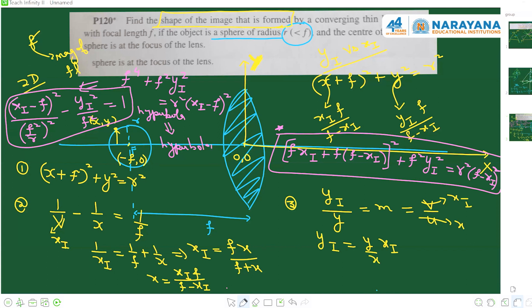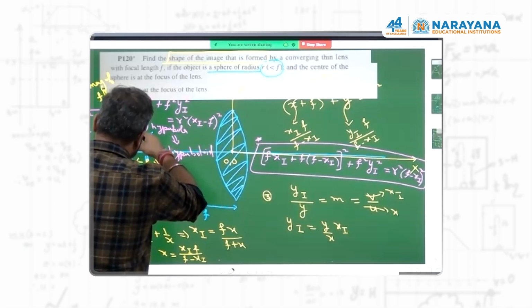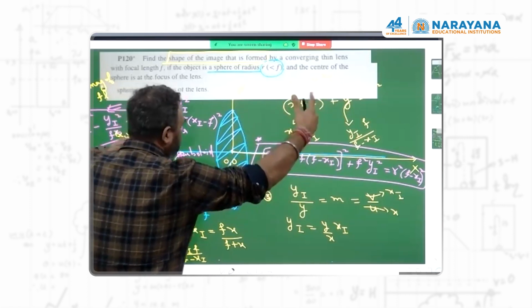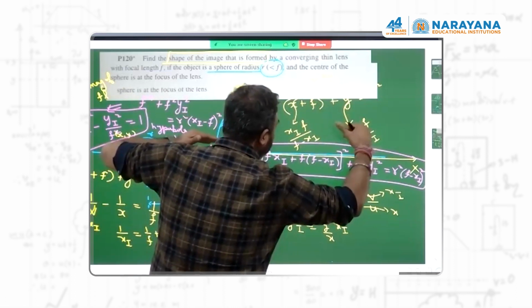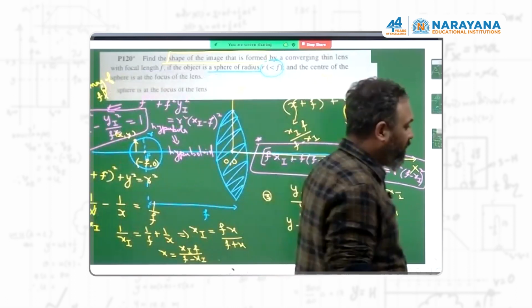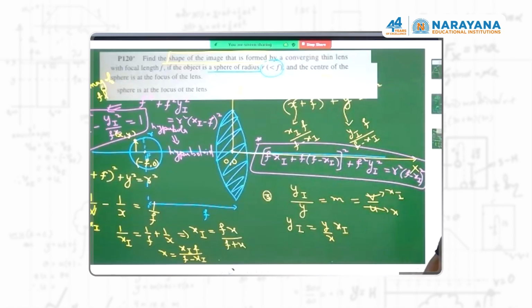Because when you talk of a sphere, indirectly I talk about these peripheries which are rotating about this x-axis with some omega. So my hyperbola will also rotate about the same axis as the axis of symmetry, and that surface which will be generated, that I am calling a hyperboloid.